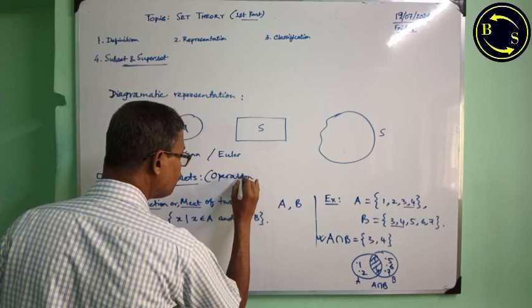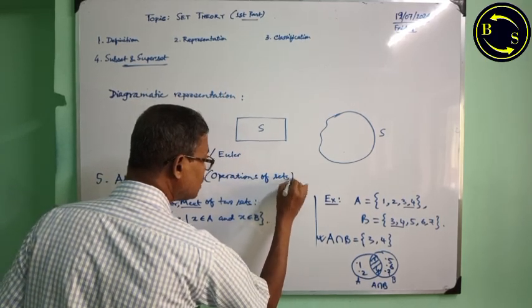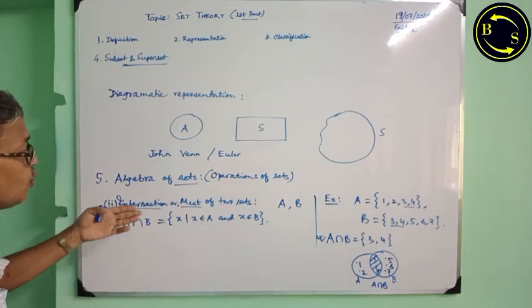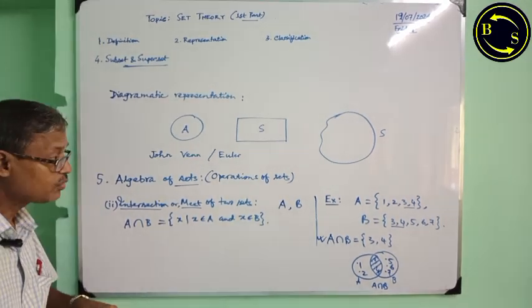Number 1, union, number 2, intersection of two sets.